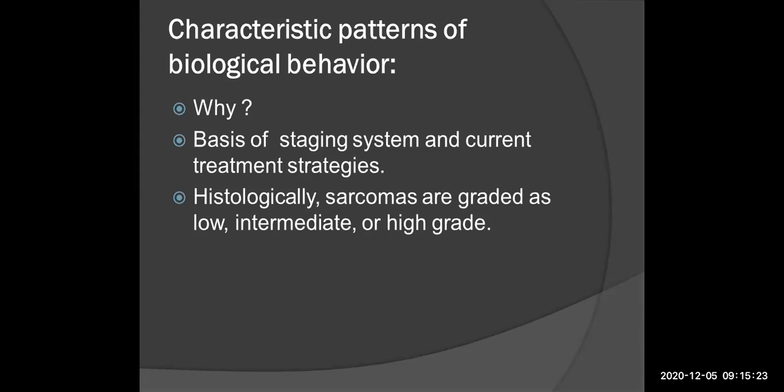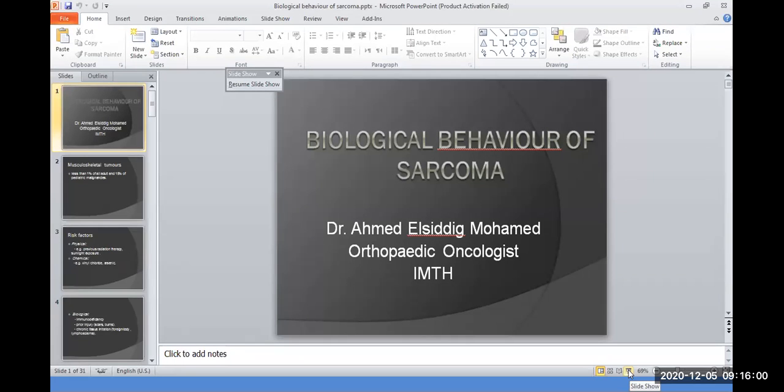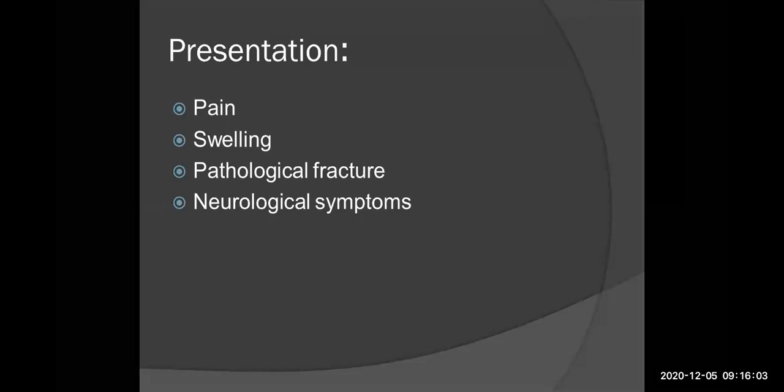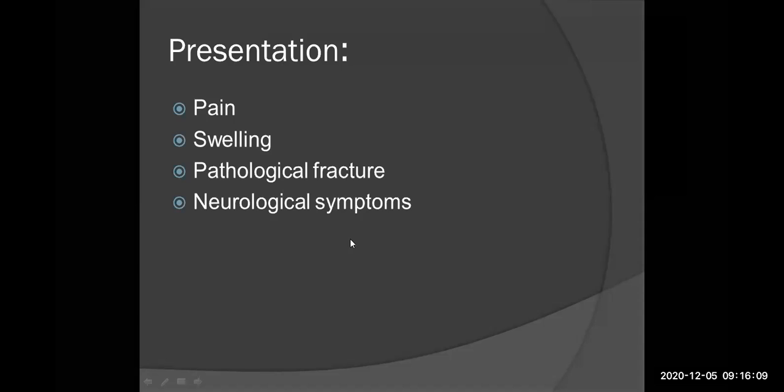Presentation, as Mr. Hassan said: pain, swelling, pathological fracture, neurological symptoms, etc. Why pain? Compression of surrounding tissues, central hemorrhage, necrosis, and pathological fracture. Okay? But I have a small comment. You saw the case of osteomyelitis, right?